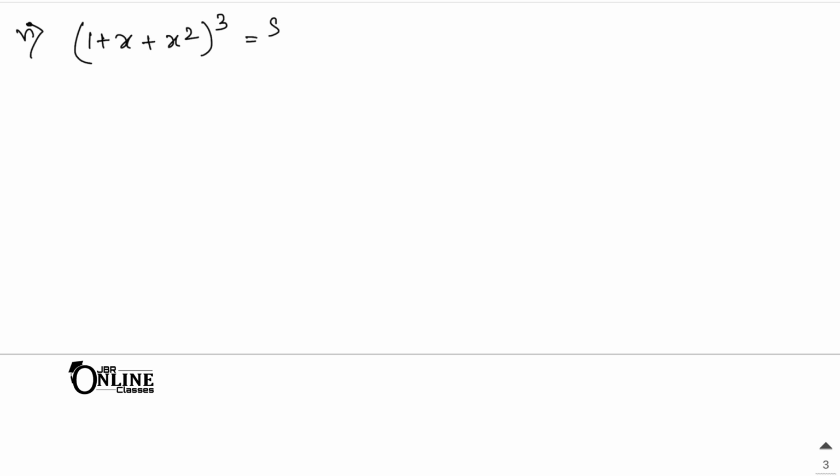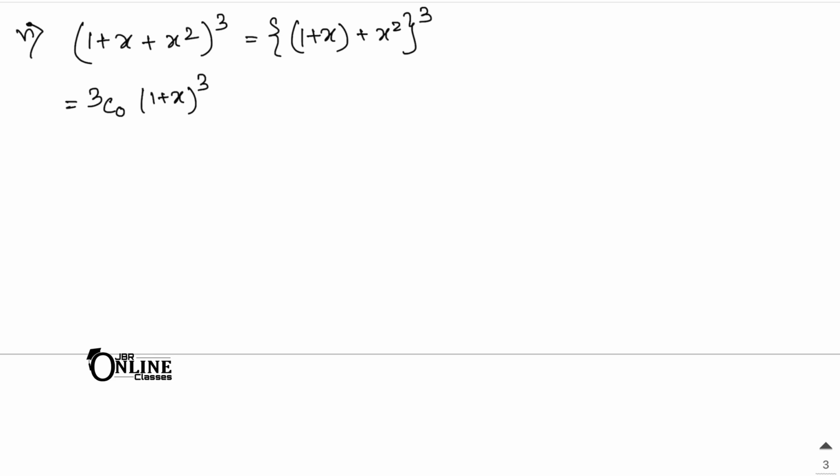So as here 1 plus x square, you can write down this one as 1 plus x as the first term and x square as the second term whole to the power cube. So it will be here 3c0, okay, then 1 plus x whole cube and then x square to the power 0, that means 1. Next 3c1, 1 plus x whole square, then x square to the power 1.